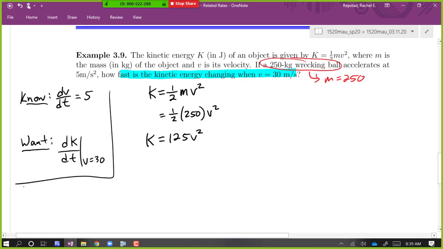So now I think we have everything set up so that we're ready to take the derivative on both sides with respect to t. So dk dt, what do we get on the right side?